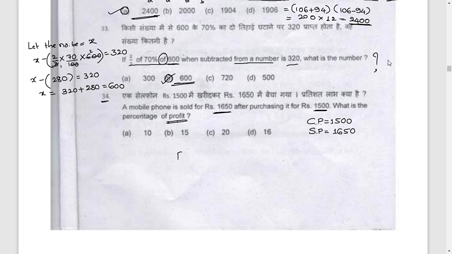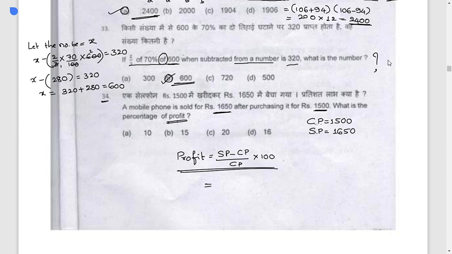So what is the formula for profit? Profit is always selling price minus cost price divided by cost price into 100. So this is the profit formula.